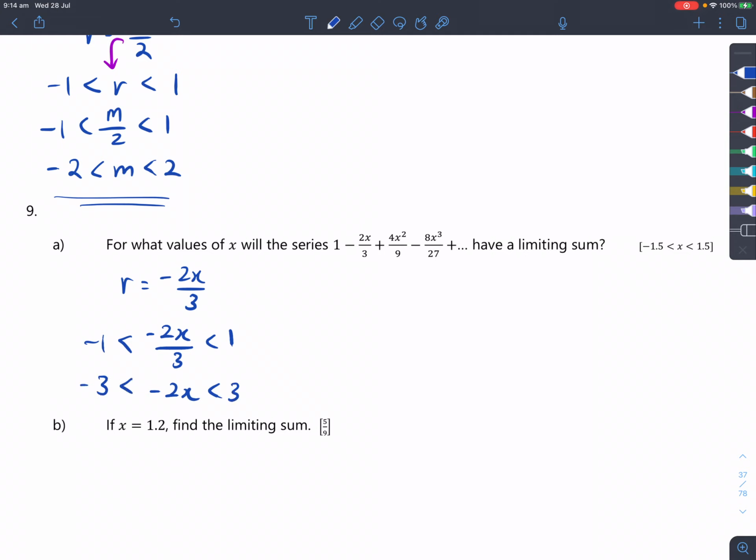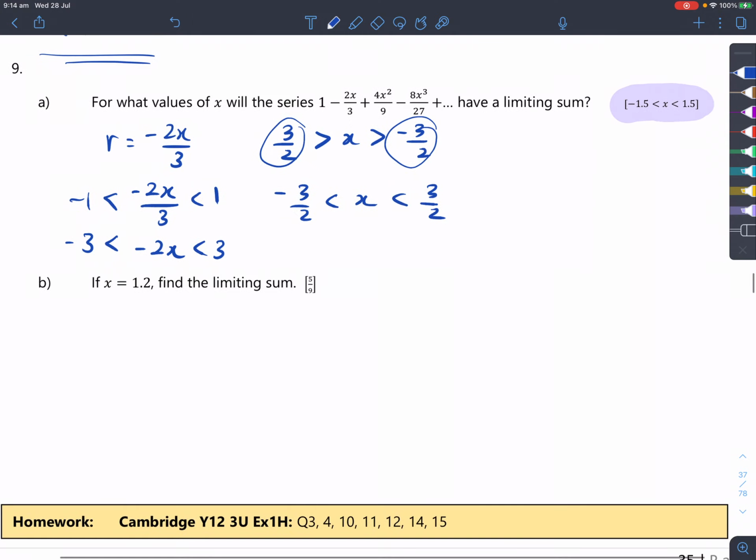If I divide both sides by negative 2, you have to remember to swap the signs around. So this side becomes 3 over 2, and this side becomes negative 3 over 2. The arrows should point to the left, so we swap these two terms around and also swap the arrows around. So there's our answer: x is between negative 3 over 2 and 3 over 2, which is simply negative 1.5 to 1.5.